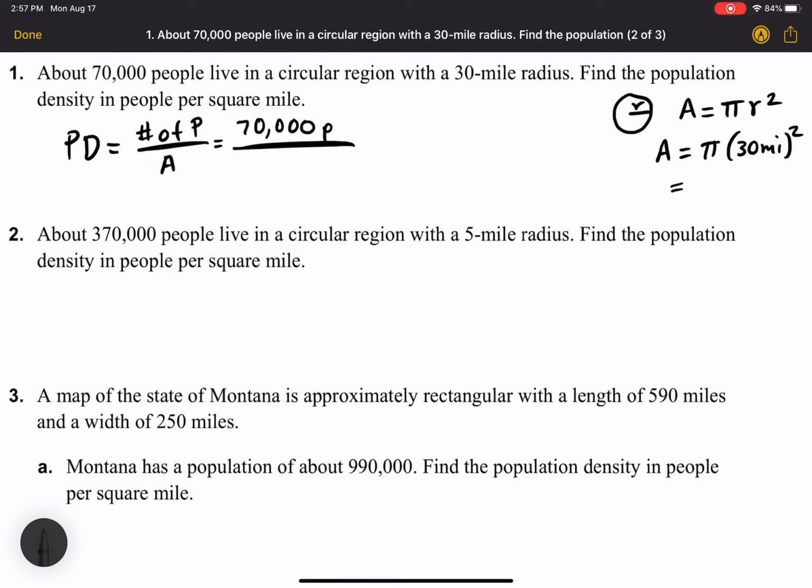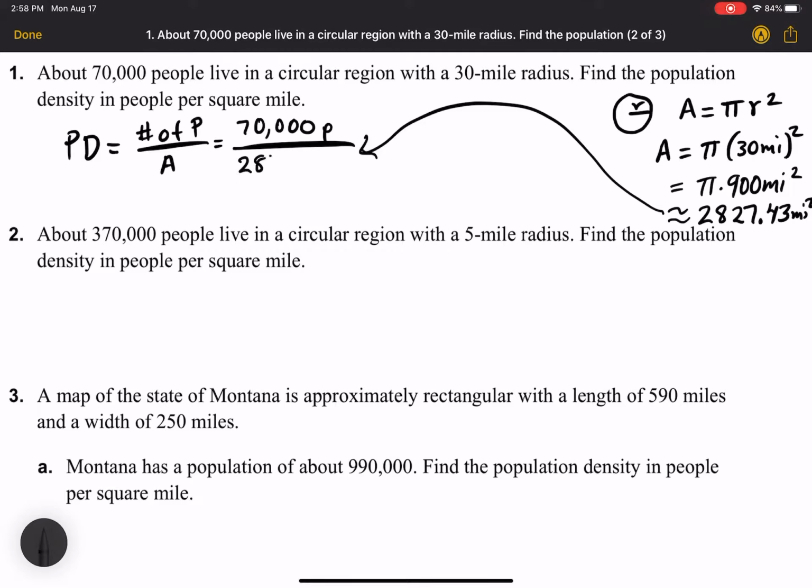So first you have to find out what 30 times 30 is, which is 900 square miles. And then you multiply the answer times pi. That area turns out to be approximately 2827.43 square miles.